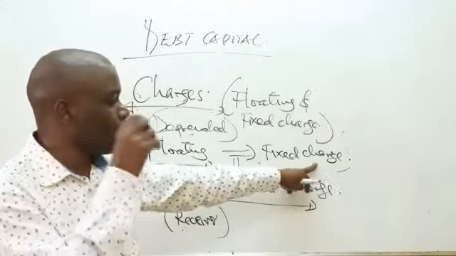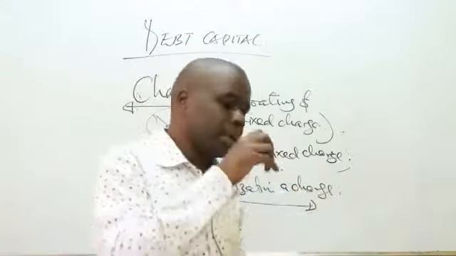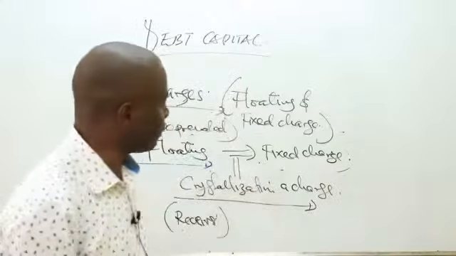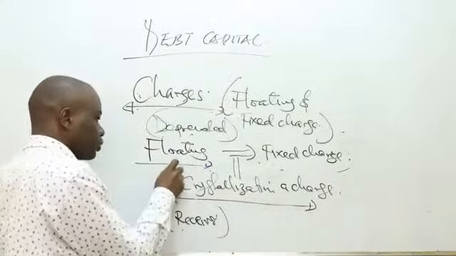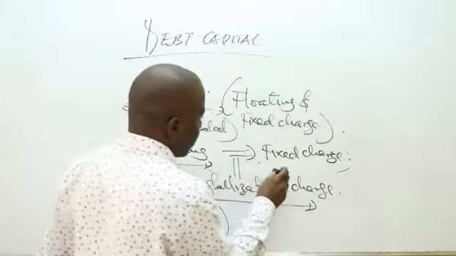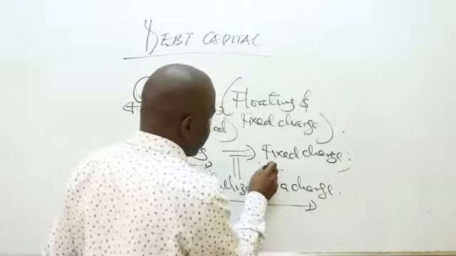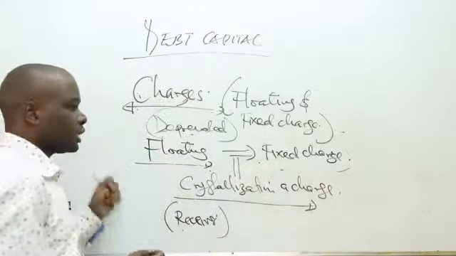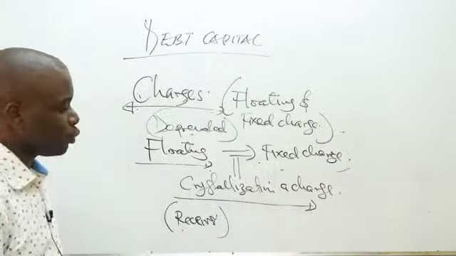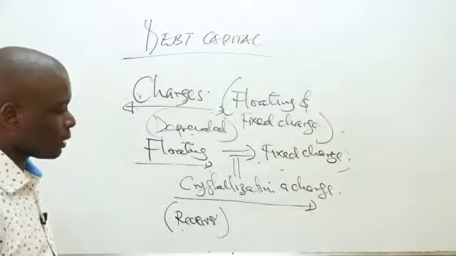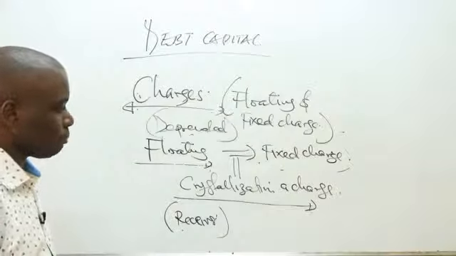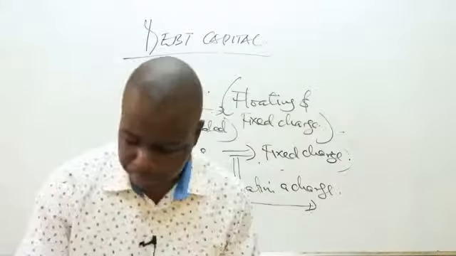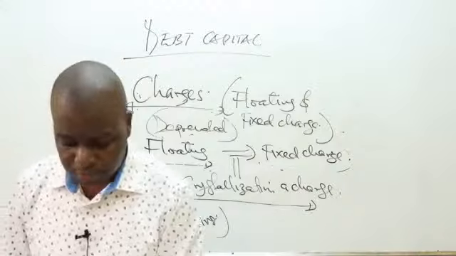So crystallization of any floating charge in the company that makes the life of the company come to an end will make a floating charge crystallize and settle on a specific asset, turning it into a fixed charge and no longer a floating charge. So maybe the examiner could ask you, what are the events that can make a floating charge crystallize in a company? If they ask you for such, just remember what you've just been discussing.